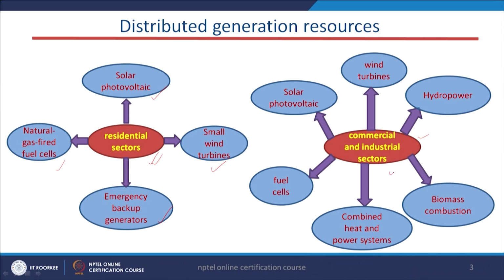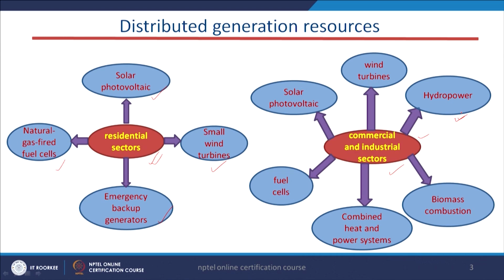Now, we are also planning hybrid solar and wind systems. In this case, we will have a solar generation system and also a wind generation system. Together we will connect them to the customer end. Now, if you come to the commercial and industrial sectors, here also we have both solar and wind. Again one more renewable source is added, that is hydropower.